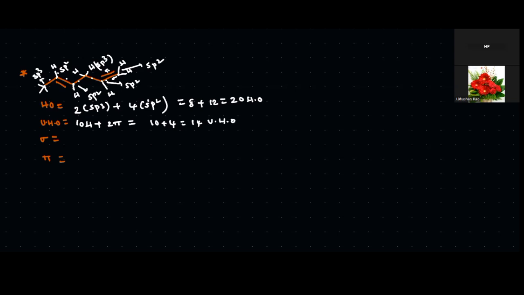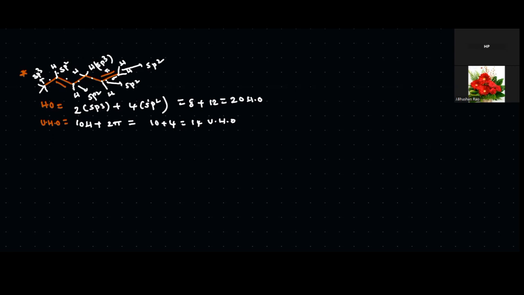This one is the calculation of hybrid and unhybrid orbitals, and how to calculate the number of sigma bonds. This one is also important. For the number of sigma bonds, first identify the formula. First I will give the formula only, for sigma and pi bond calculations.